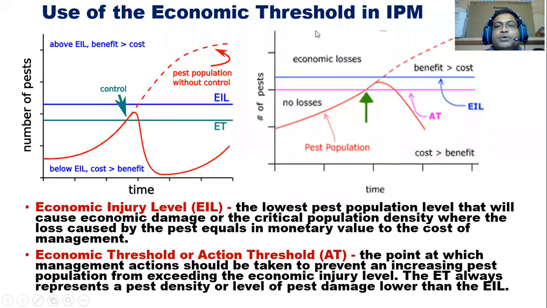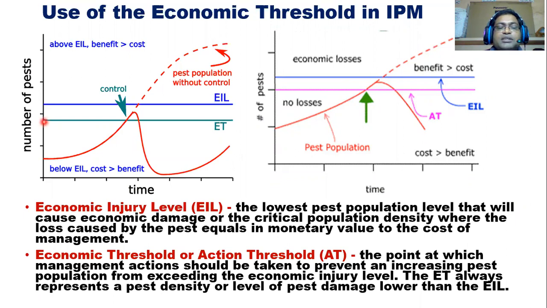So the population dynamics of a pest is elaborated by the sigmoid curve, right?